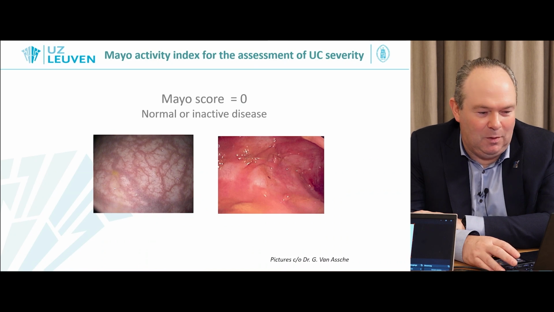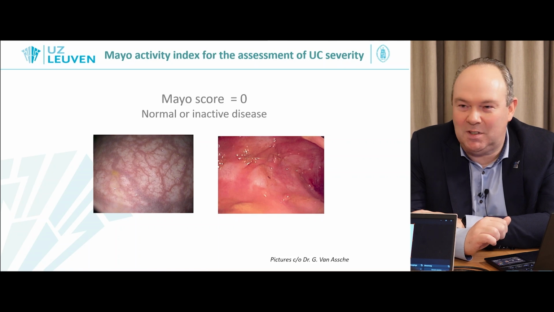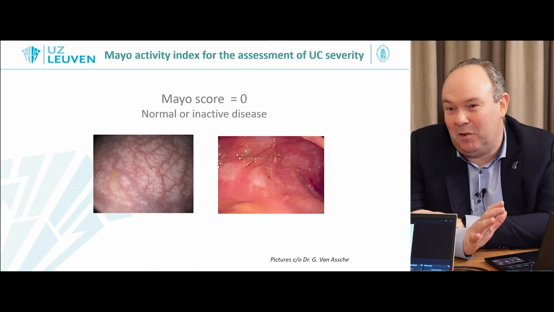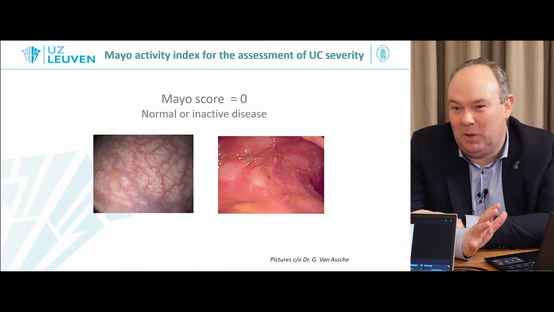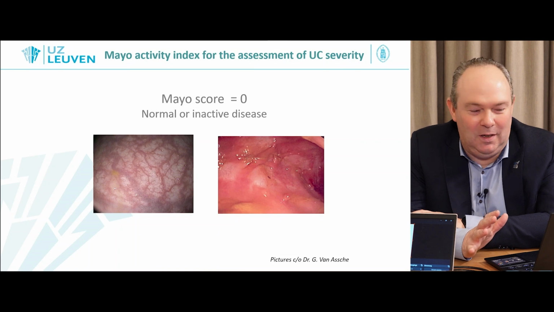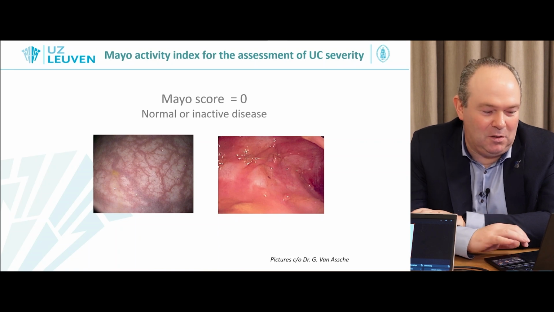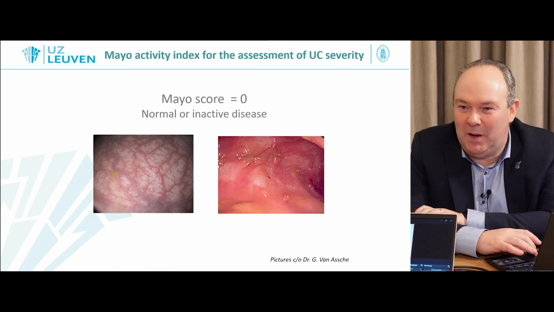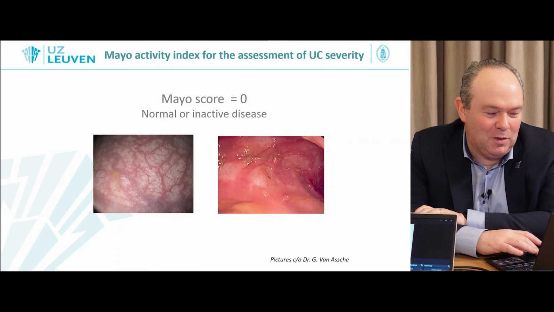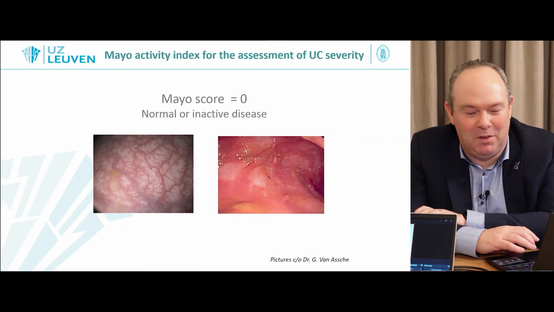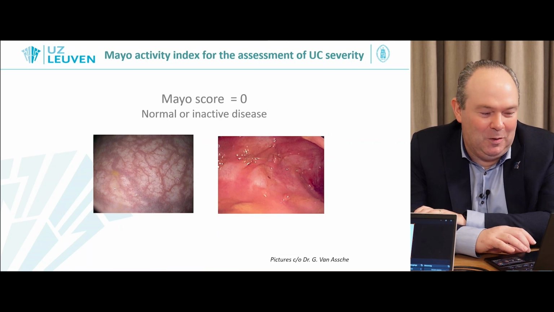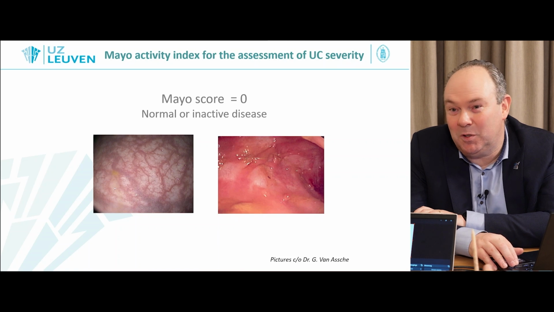This is an example of score 0. You can already immediately see that the one on the left side might show a little bit of erythema, so some people might already call this Mayo 1. Some may say, okay, these are just pseudopolyps that are a little bit reddish. So the easy one is on the left, when everything is normal, but on the right you can have some discussions.